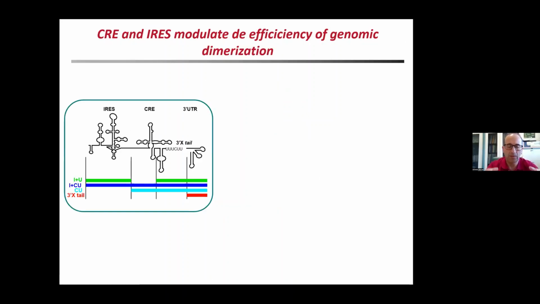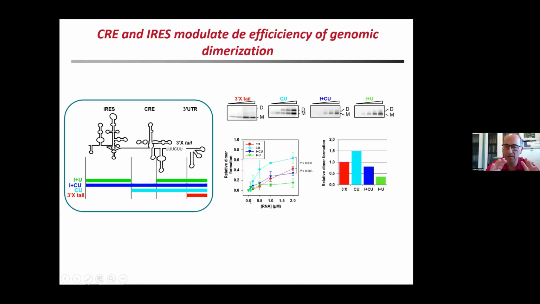So we tried to see whether these changes are involved in the change in the functioning of this 3' X-tail element. So in this case, in an experiment just all in vitro, just with RNA, with no other factor involved, we could see that whereas the 3' X-tail element can dimerize, when we add the CRE element, so this construct, it results in a 50% increase in dimerization.